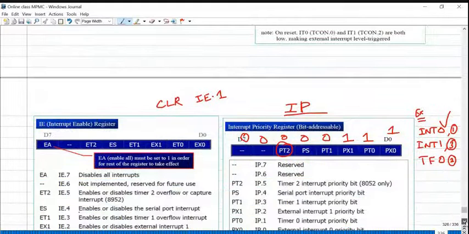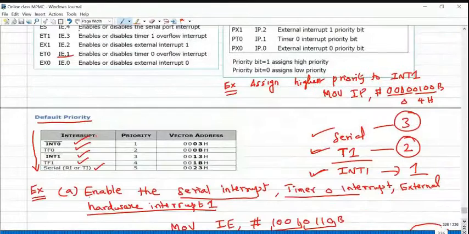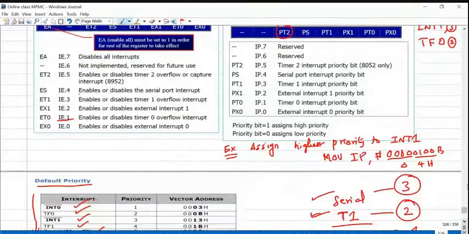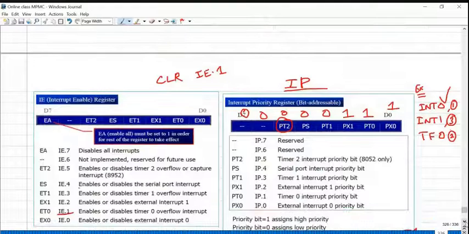So if only one interrupt is assigned as highest priority, it is considered the highest priority. Then the rest of the interrupts follow in this order. If more than one interrupt is assigned as highest priority using this IP register, it will check this order. According to this example, this is first priority, second priority, third priority.